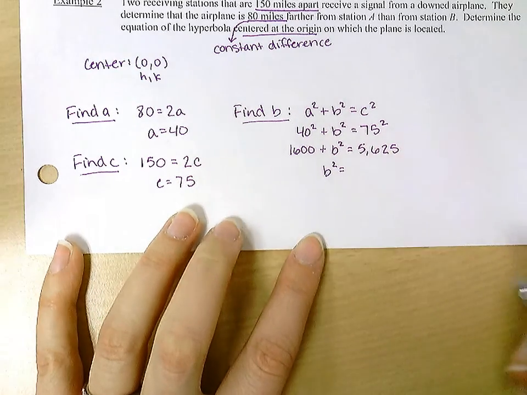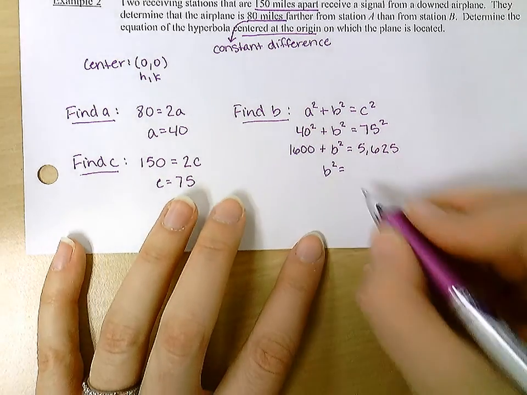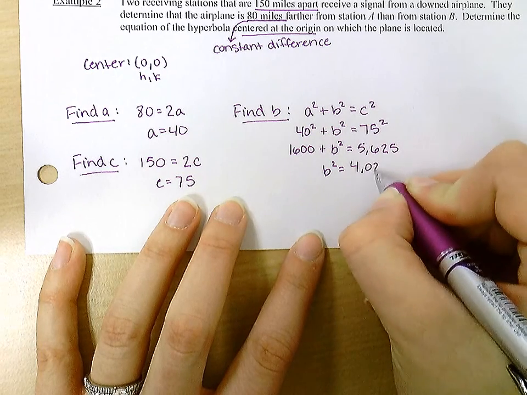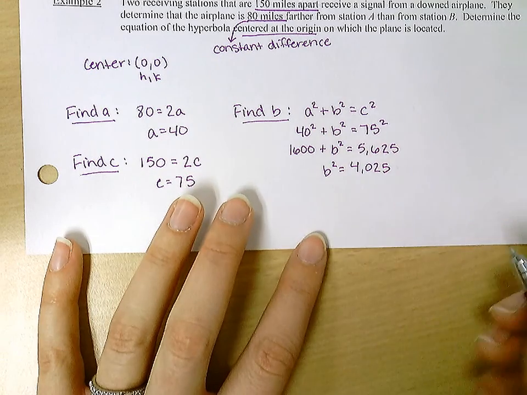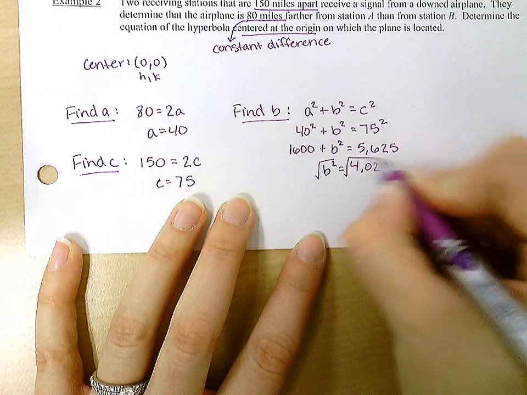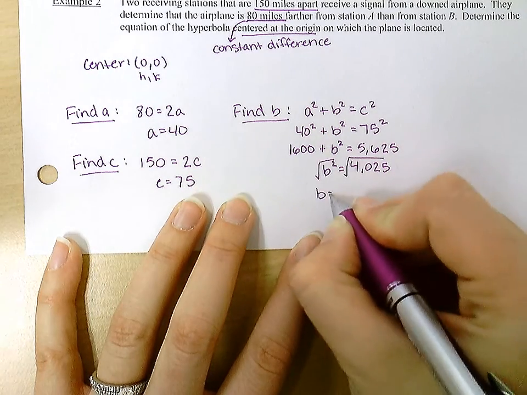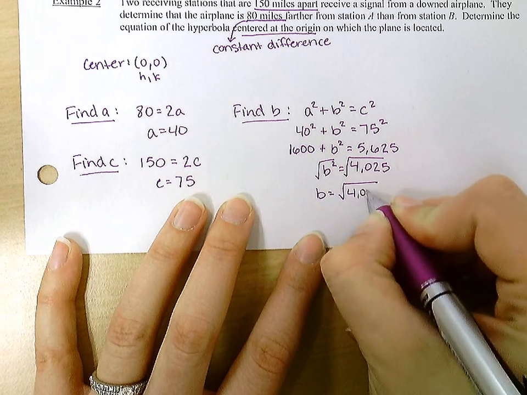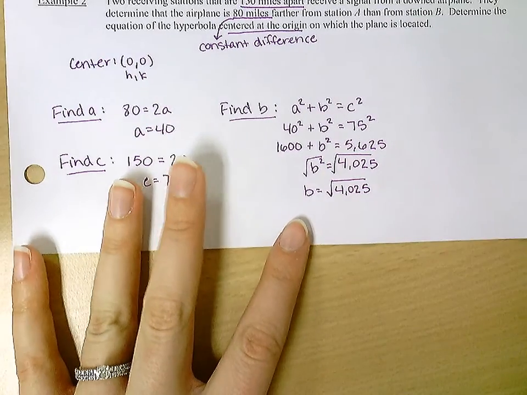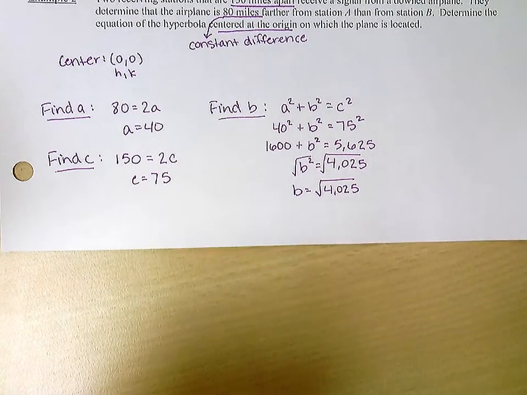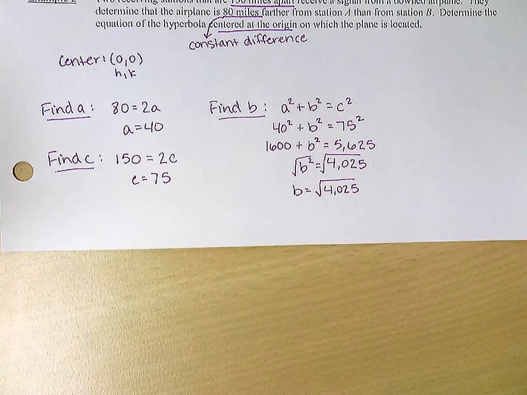So we have b squared is equal to 4,025. And then to get b, we would just take that square root. And I do want to just leave it in that radical form here. Okay, that way I can write out the equation of this hyperbola.